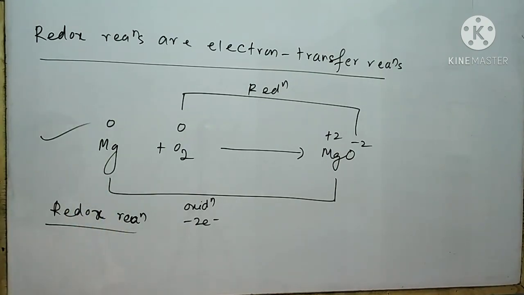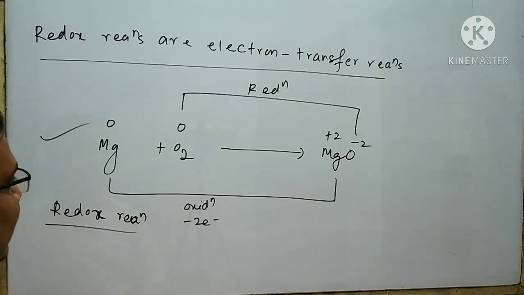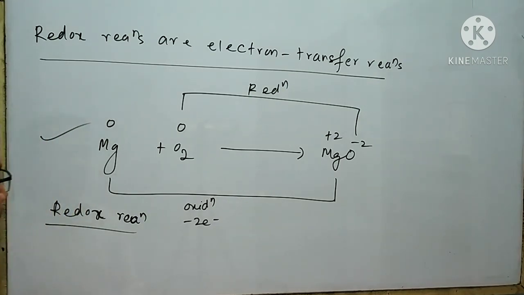Here magnesium loses 2 electrons and these 2 electrons are gained by the oxygen atom. So this is an example of an electron transfer reaction. In this reaction also, oxidation and reduction take place, so this is also called a redox reaction. From this it is clear that all redox reactions are electron transfer reactions.